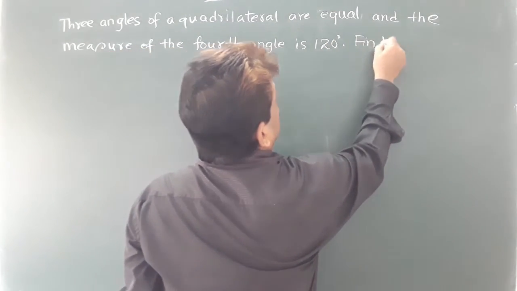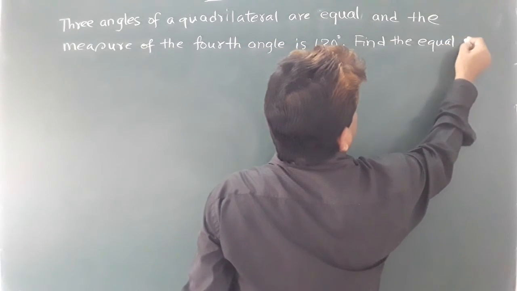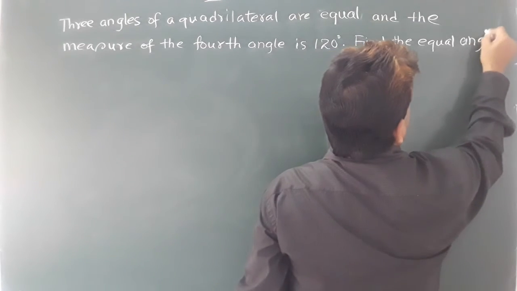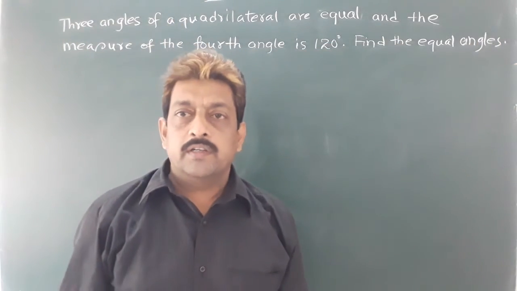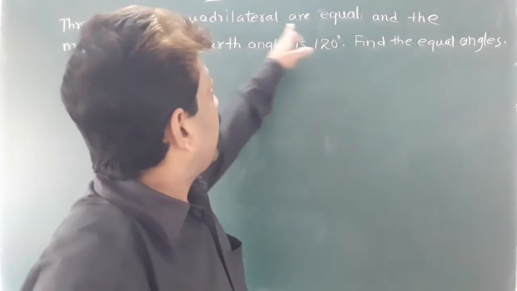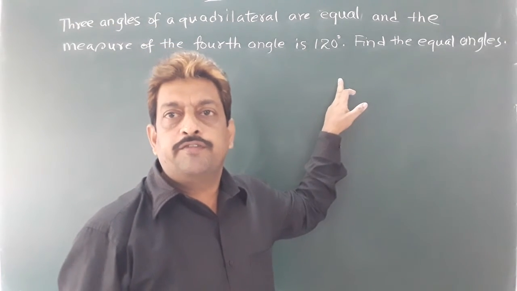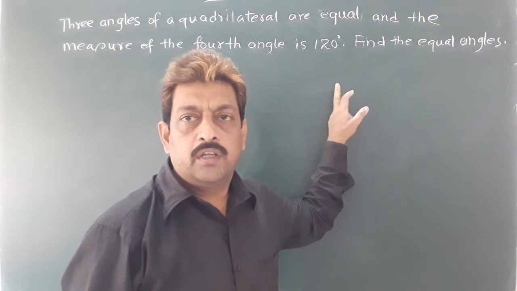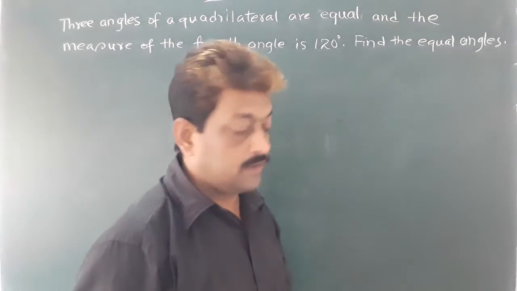Find the equal angles. In a quadrilateral, there are four angles, out of which three angles are equal, and the measure of the fourth angle is 120 degrees. We have to find the value of those equal angles.